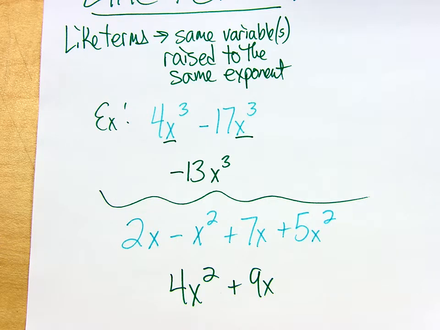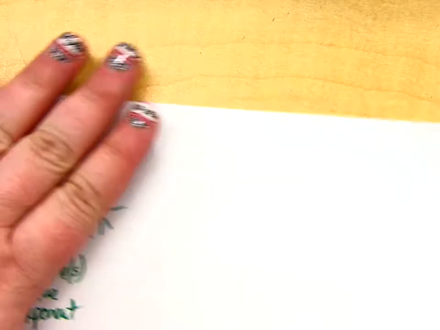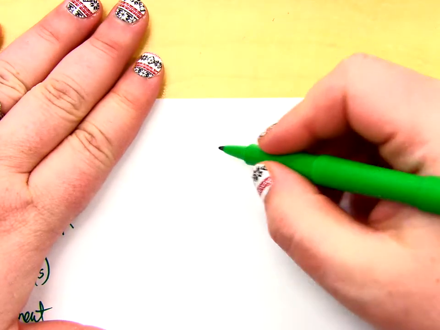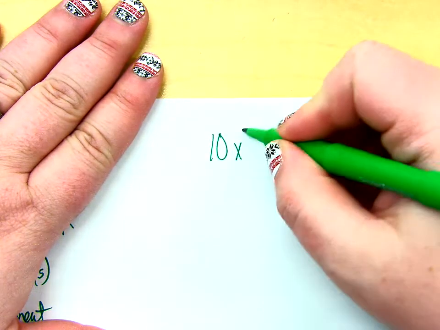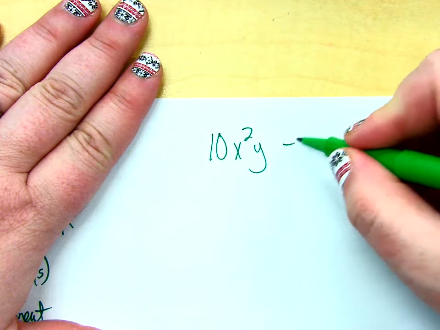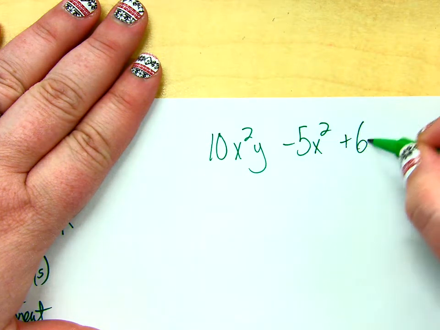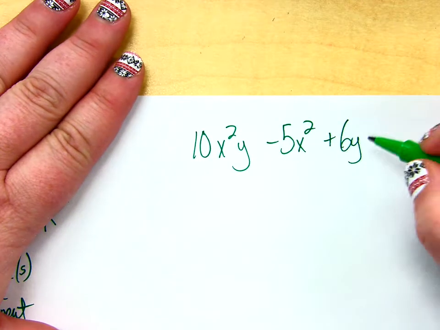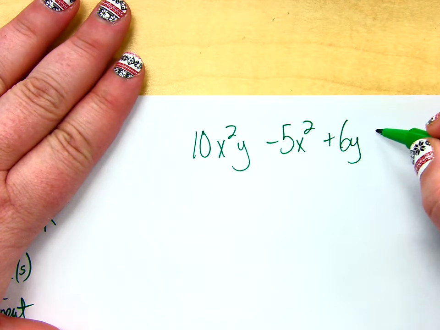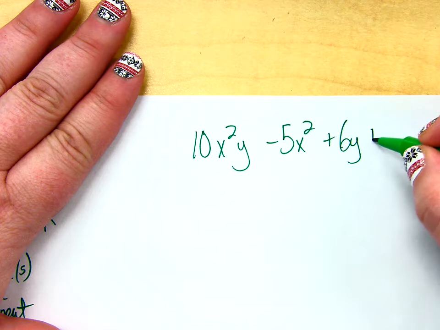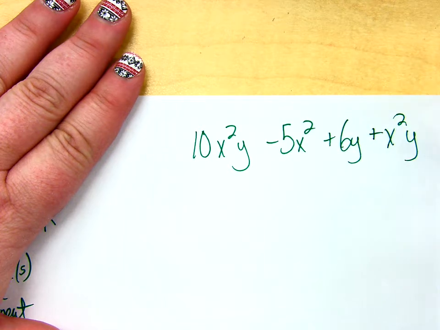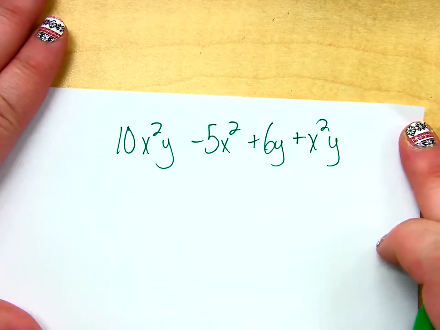You just have to make sure you have the exact same variables raised to the same exponents. So don't get tripped up by something like this. Say I had 10x squared y minus 5x squared plus 6y, and then maybe I'll do plus x squared y. Say I had this example.